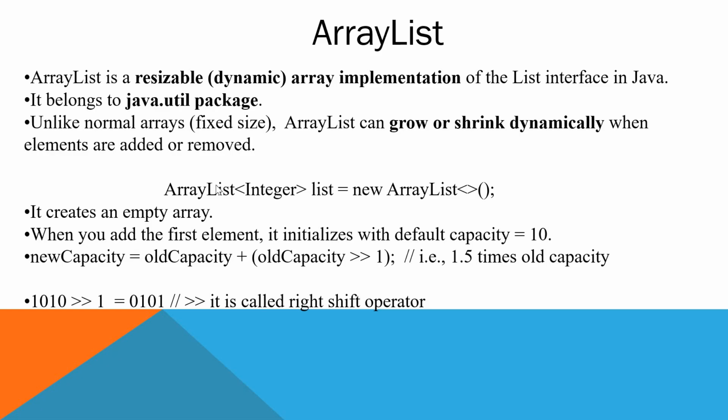How to create an object of ArrayList? That is the way we create the ArrayList object: ArrayList<Integer> list = new ArrayList<>(). What I'm writing this time creates an ArrayList that will add only integers. We can ignore the type as well, but normally that is the right way. We can define any type here. Like here I'm creating an ArrayList of integer type, which means it will only store integer values.